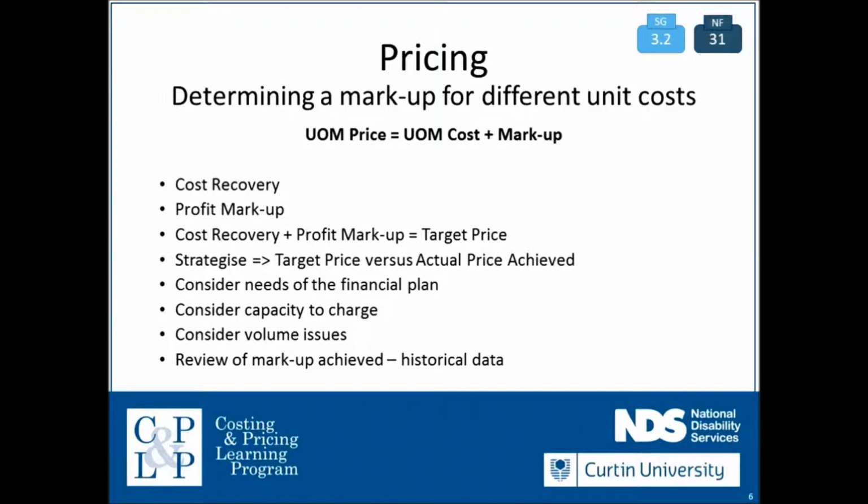However, I think from this perspective, we need to really consider very strongly that it's important to know that the price that we are targeting has two purposes. The first one is so that we understand what our true cost of service delivery and our true price should be, and also so that we understand the gap between what our target price is and what we're actually being paid. Remember, the costing and pricing process is an internal process, not an external process.